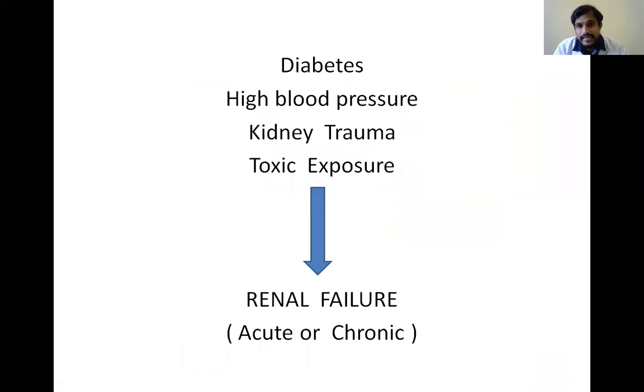And in some diseases like diabetes and high blood pressure, which are chronic diseases, and kidney trauma and toxic exposure, which are acute conditions, there will be renal failure. So renal failure means significant loss of functions, approximately more than 80% loss of the functions.